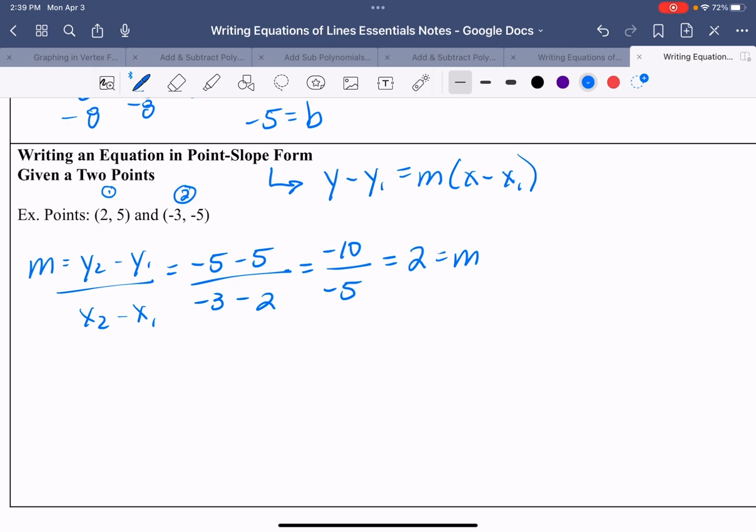Now we just plug it back into the equation. So my equation, and here's where it gets kind of cool, you can have 2 different answers that would be correct. So for this one, if I used point 1, I could say y minus 5 equals 2, which is my slope, times x minus 2.